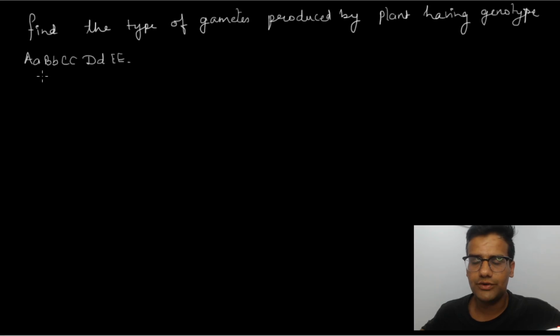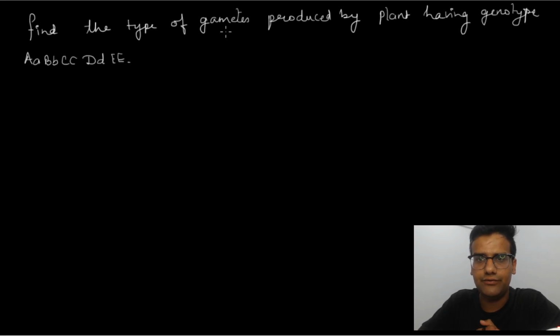If we talk about numerical problems in genetics, genetics is one of the most important topics in biology for numerical solving. If you have the numerical solving ability, the genetics part is already done. The basic concepts should be clear before you go to the numerical problem solving class.